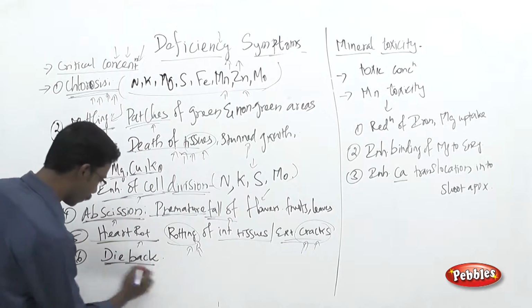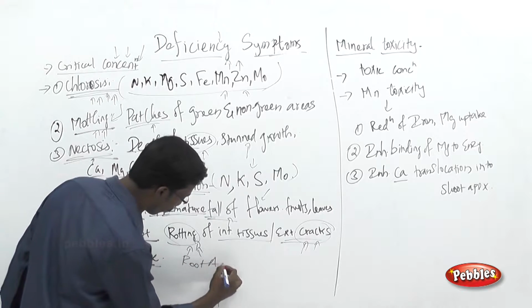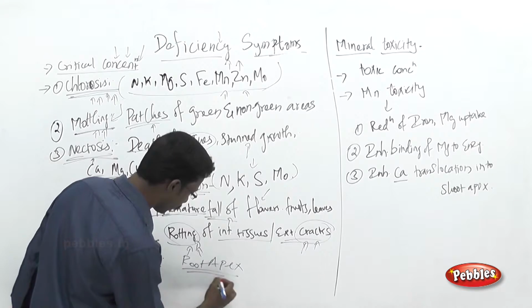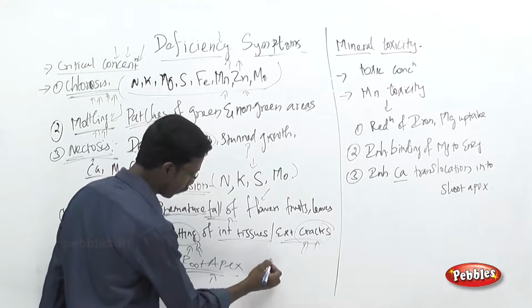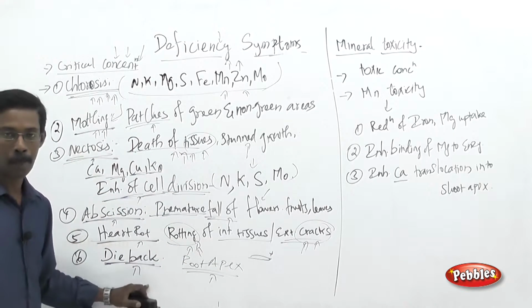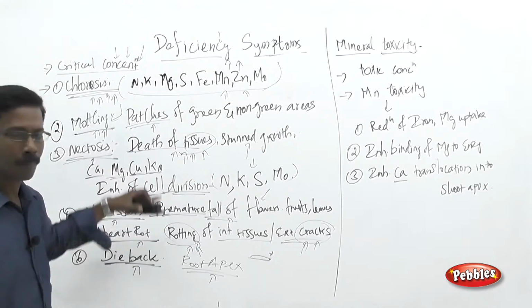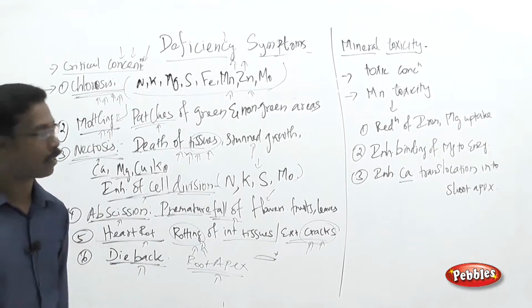And dieback. Dieback refers to the affection of the root apex, the killing of the root apex. Root apex means the tip of the root. The killing of the root apex is the symptom called dieback. These are all the major deficiency symptoms associated with mineral deficiency.